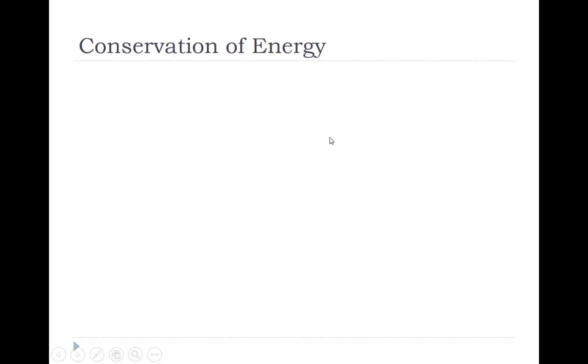So we're going to begin by thinking about conservation of energy. And we saw in the analysis we did at the very beginning that at an endpoint, all of our energy was elastic potential energy. And at the equilibrium point, all of our energy was kinetic energy.